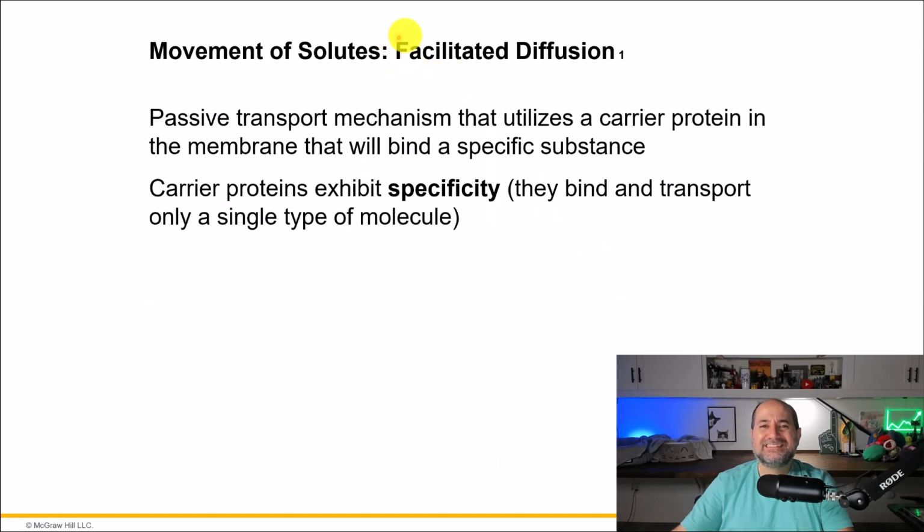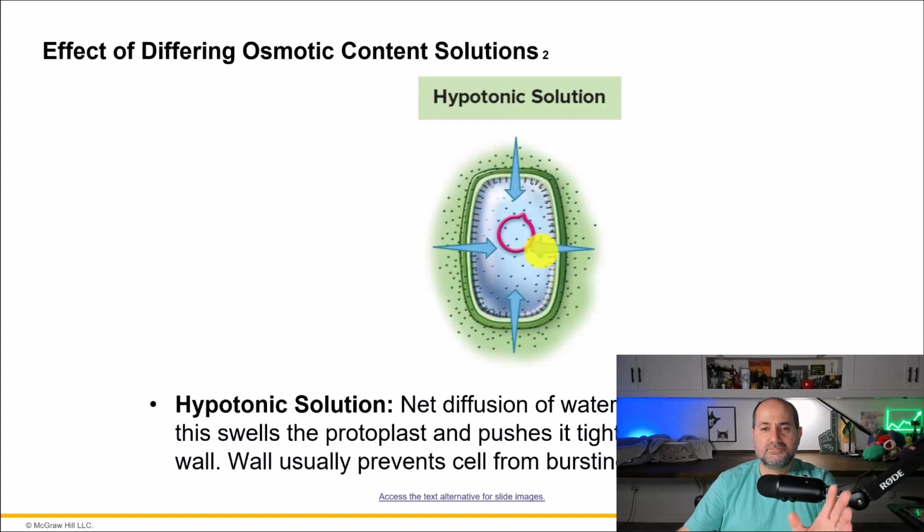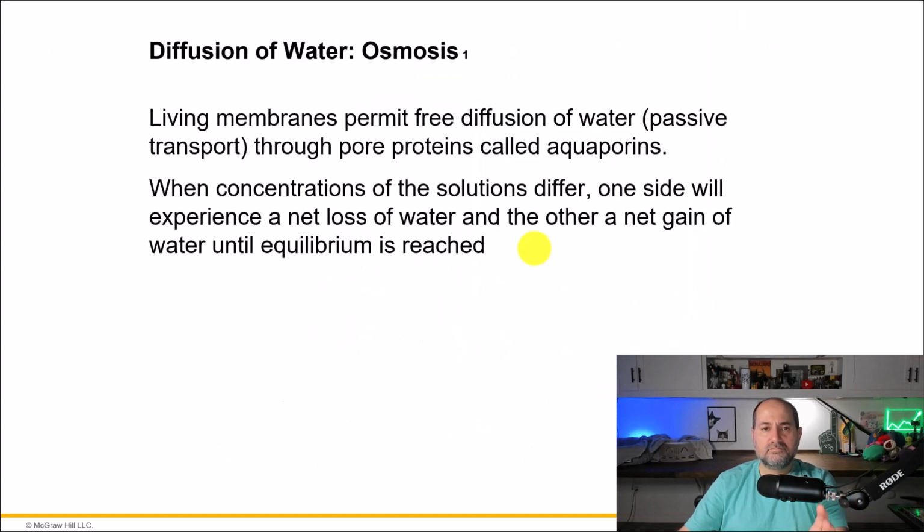Now, you may have heard of facilitated diffusion. This means that a facilitator or a transport protein is required in order for diffusion to occur across the membrane. And by the way, do you remember when I told you that during osmosis, when water's entering the cell or exiting the cell, the water is flowing in and out through proteins called aquaporins, right?